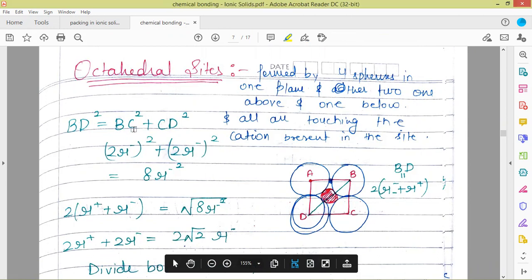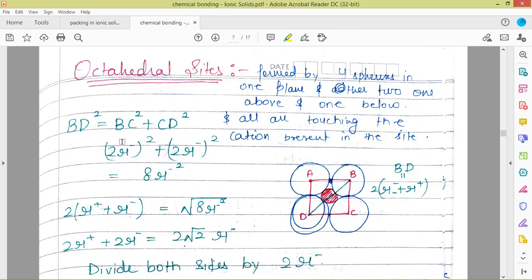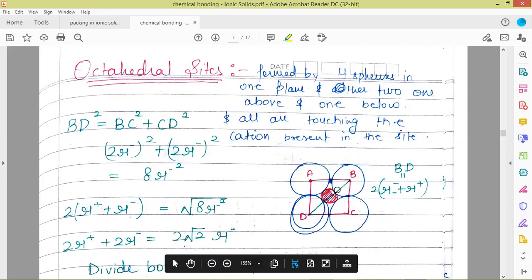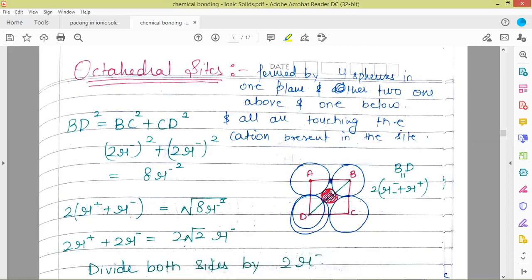So BC is also twice of R negative and CD is also twice of R negative. From here we get the value of BD square. Here we can also see that BD is double of R positive plus R negative.